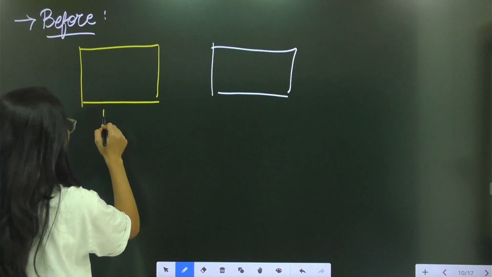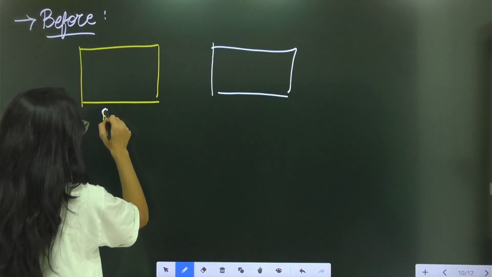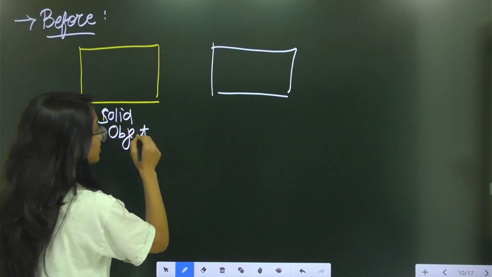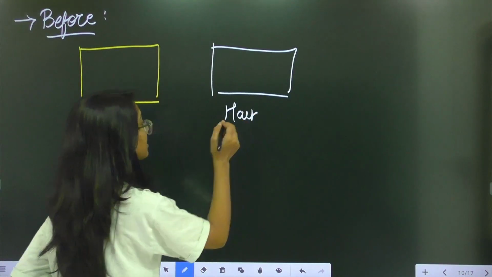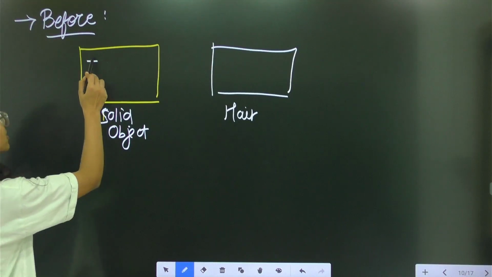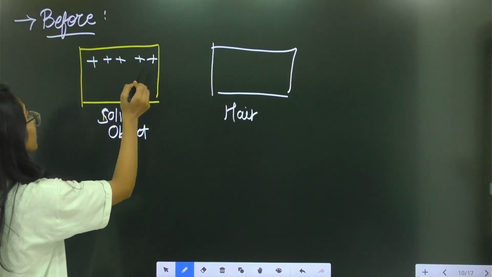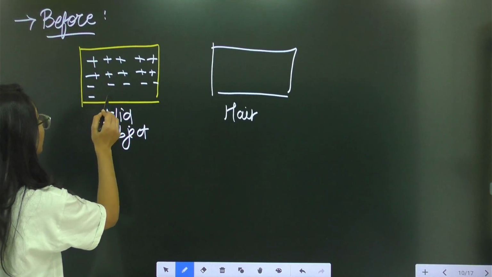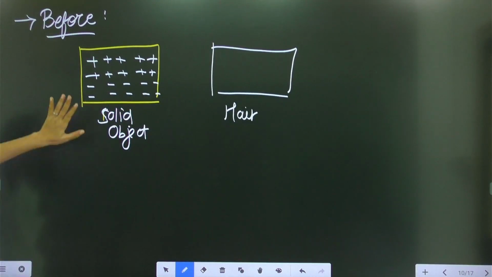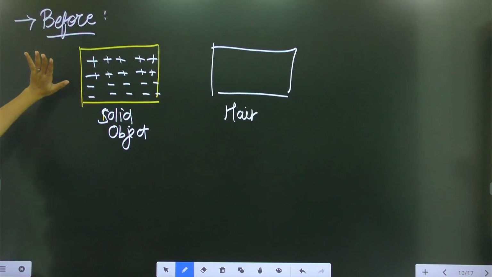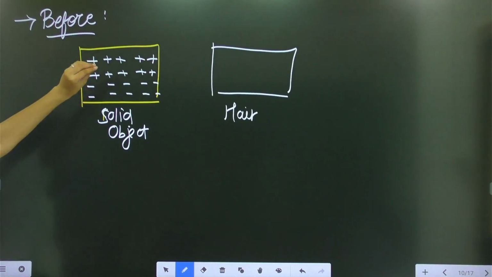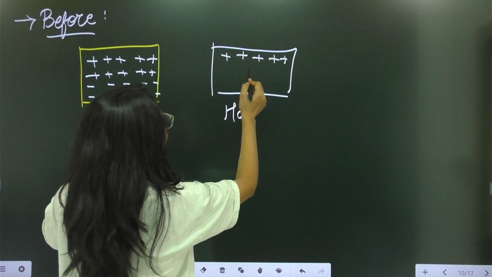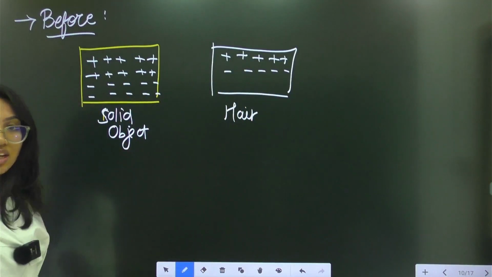This is the solid object and this is hair, before rubbing. This is the condition before rubbing. There are positive charges and negative charges, but both of them are equal in number, okay? And in the hair too, they are equal in number.